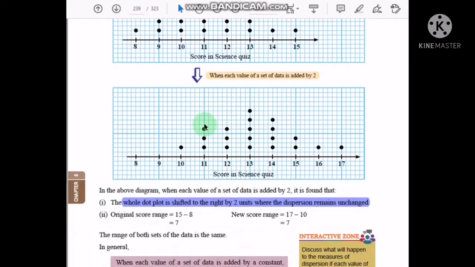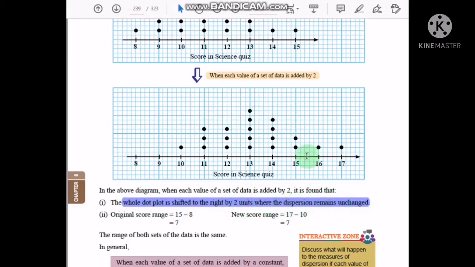As you can see in the above diagram, when each value of a set of data is added by 2, the whole dot plot is shifted to the right by 2 units, where the dispersion remains unchanged.